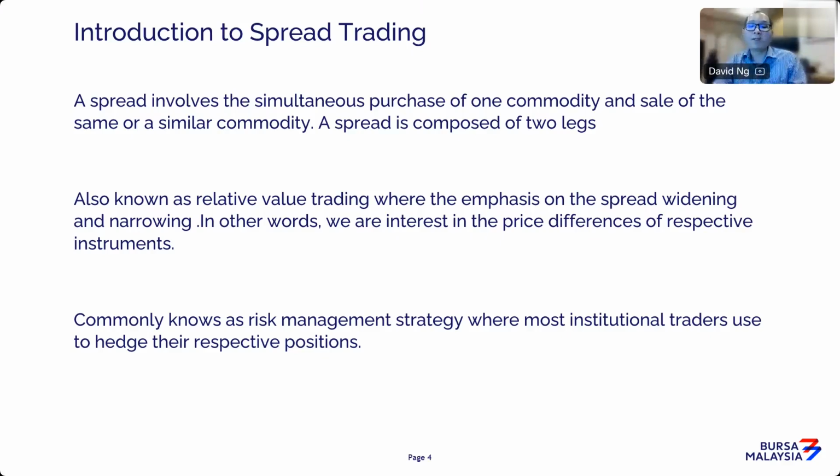Once the spread gets wider, you're profiting from it. So the act of buying and selling simultaneously helps to reduce the risk, and it's not so directional. Compared to outright trading, which is very directional and exposes you to 100% of the market risk, a lot of people like spread trading because the efficiency of managing risk is better.